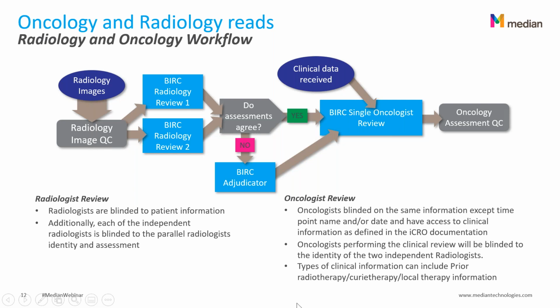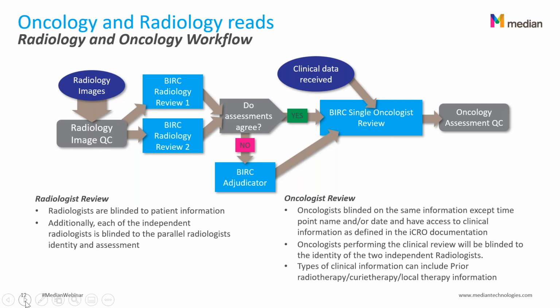Both readers would need to conduct their separate radiology reviews of the same images. Once they both complete their assessments, a QC is done on both assessments. It is determined at that point if the readers had the same agreement on the type of disease that they call, or if they had a discordance in their assessments. If a discordance is noted, it would then go on to an adjudicator.